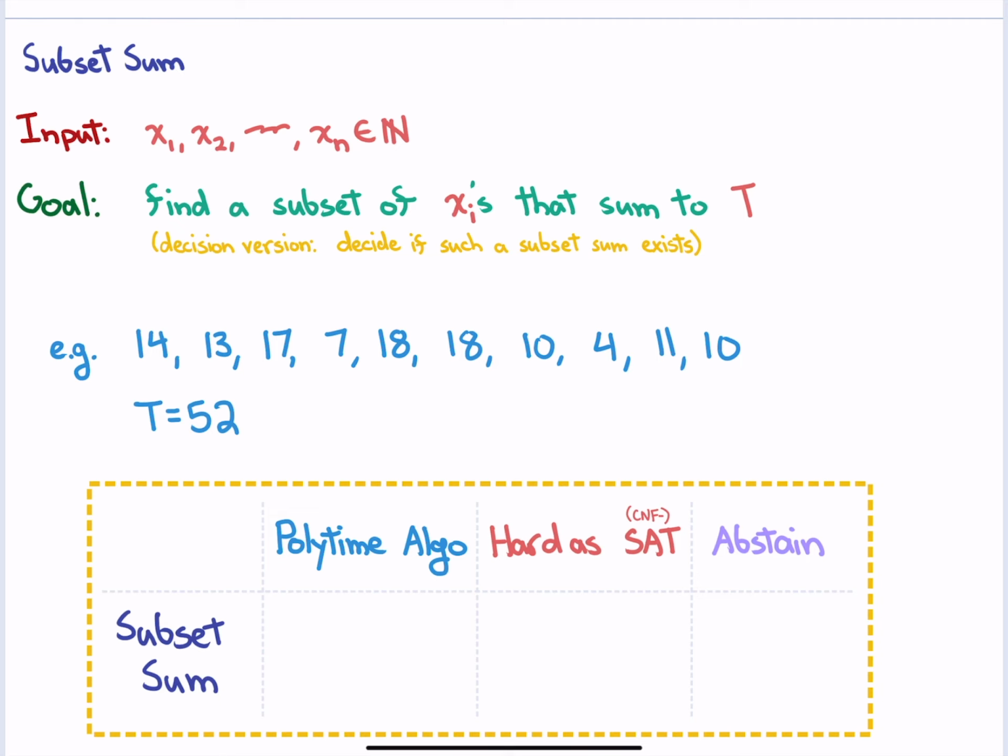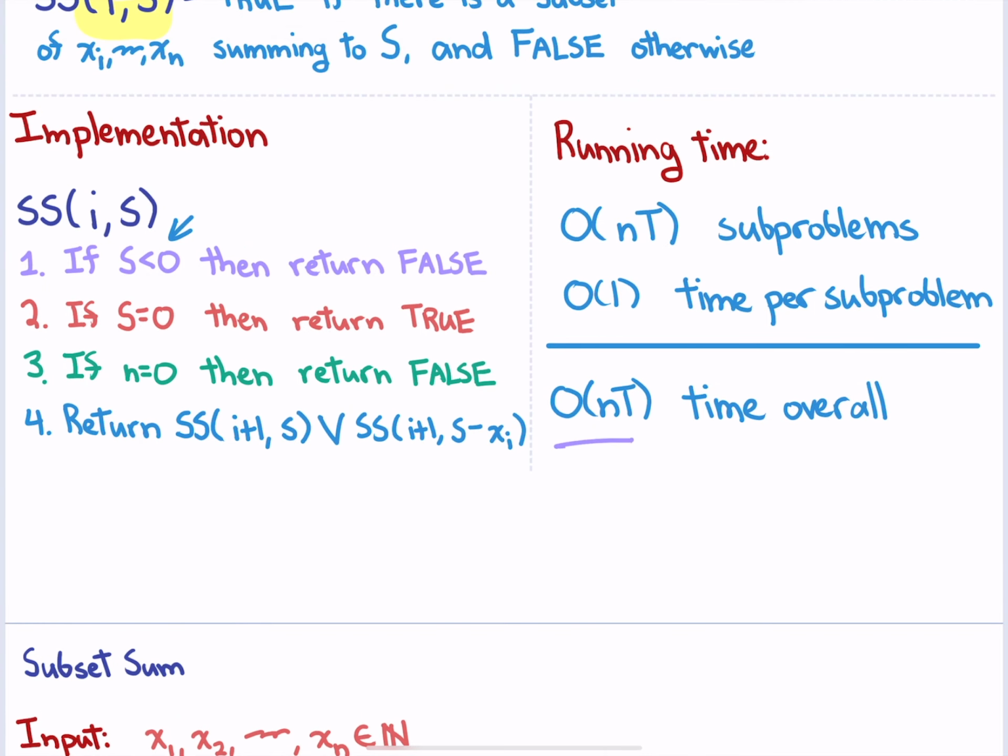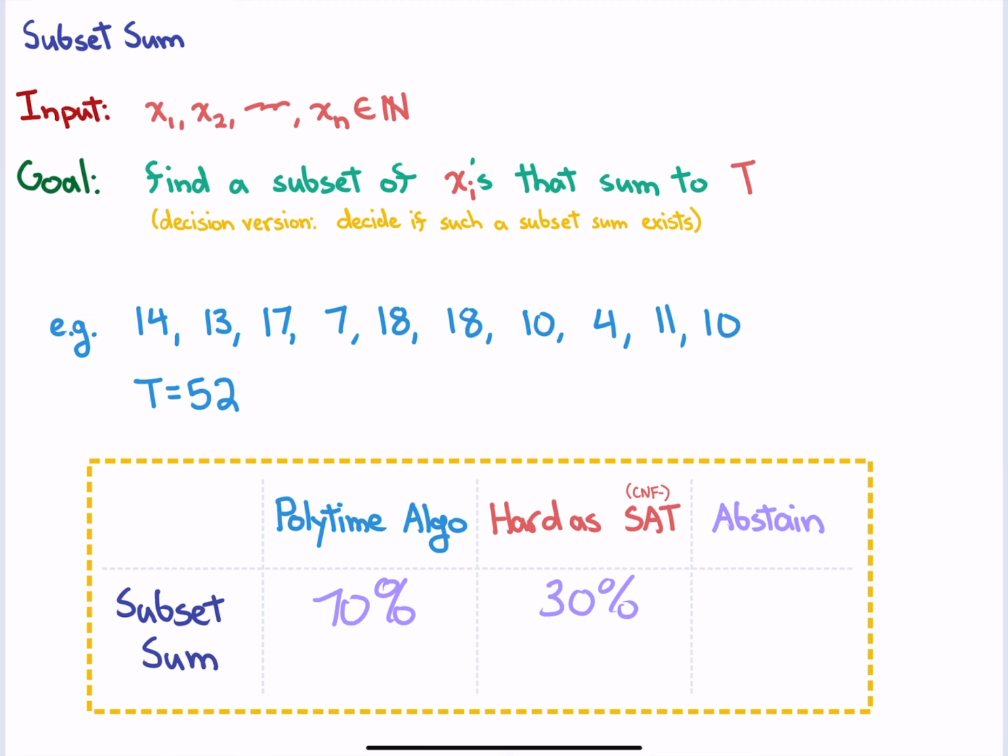Does the question make sense? Before, 70% said we'd have a polynomial time algorithm and 30% said no. And we just gave this algorithm with this running time, so I want to see if any of the 30% would change their mind.